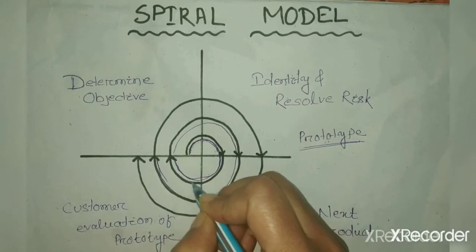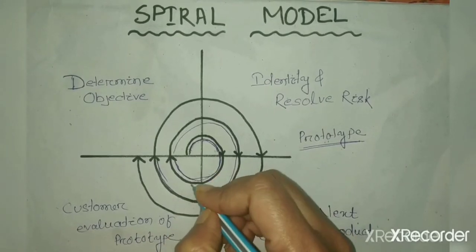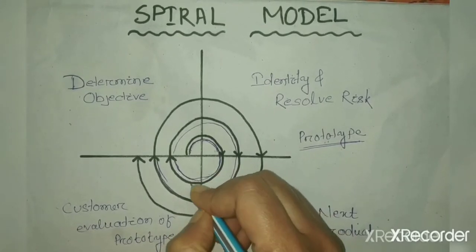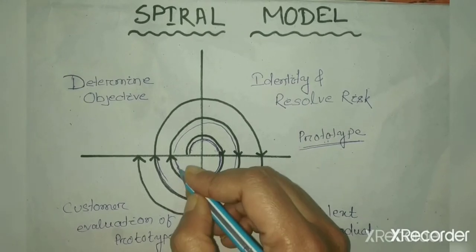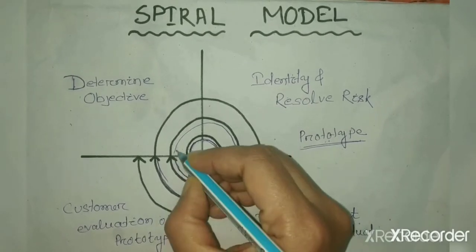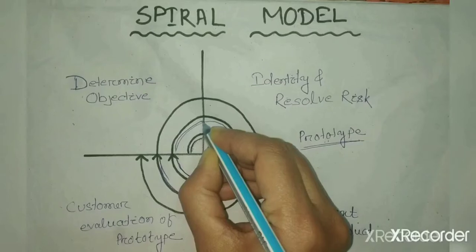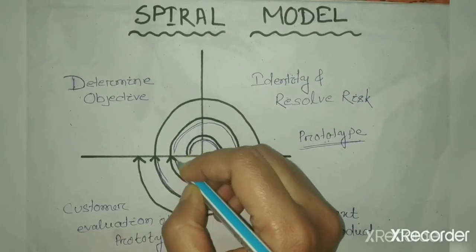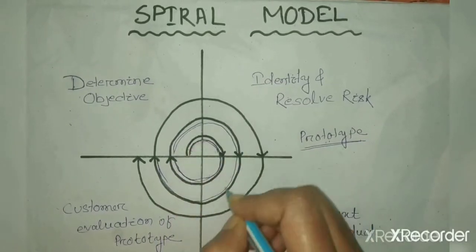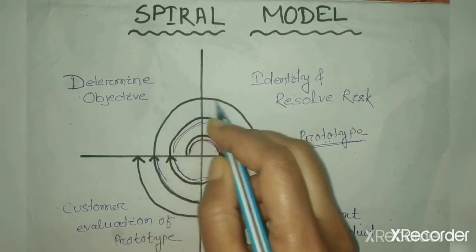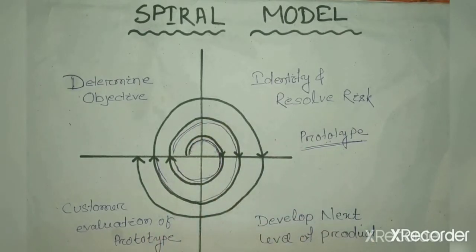In this stage, the customer evaluates the software and gives feedback to the developer. Then again it starts the second loop, and again it continues. This iteration takes place until the software is fully developed or the customer is fully satisfied.